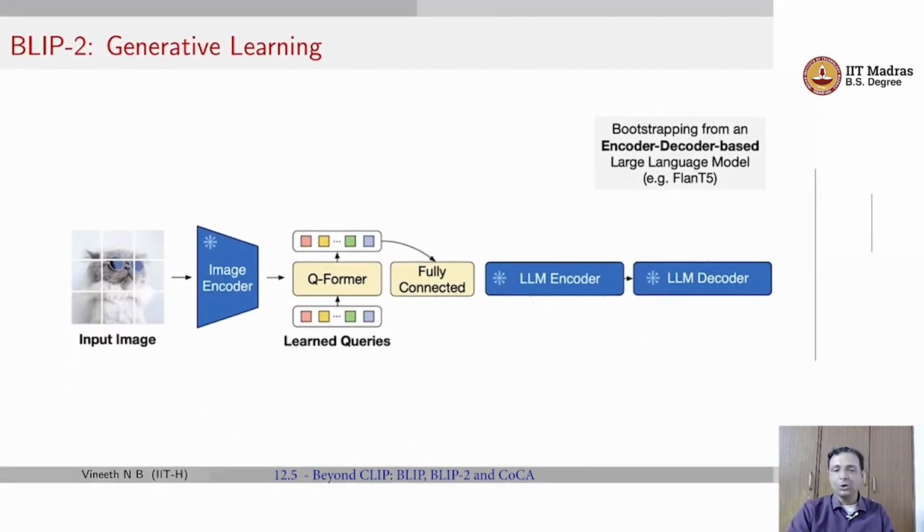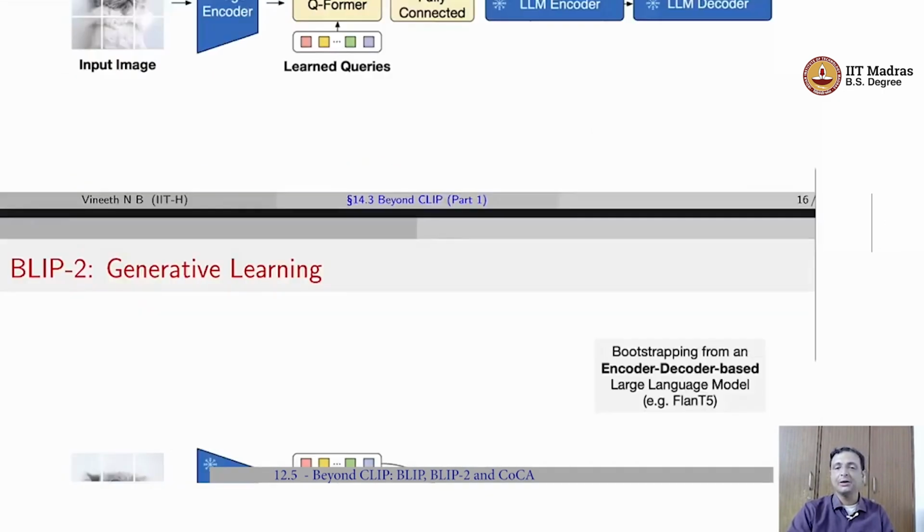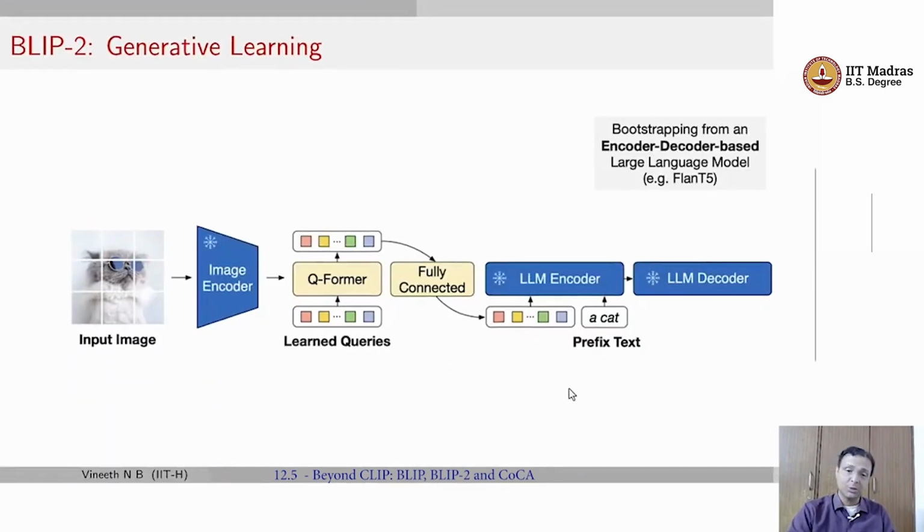But in the generation module, they also test a variant where once again the output query tokens of the QFormer go through a fully connected layer and are first provided to an LLM encoder as queries and a prefix text.